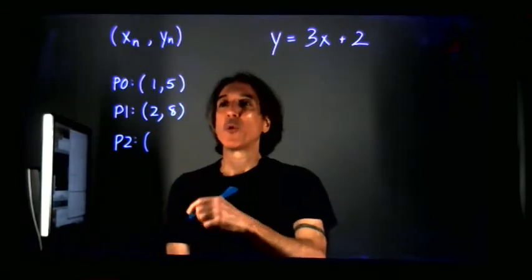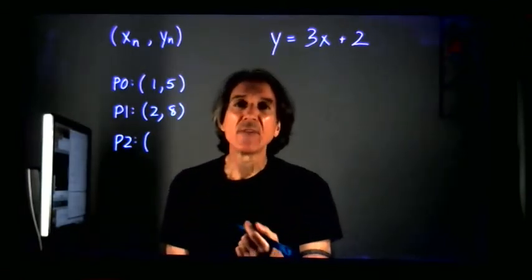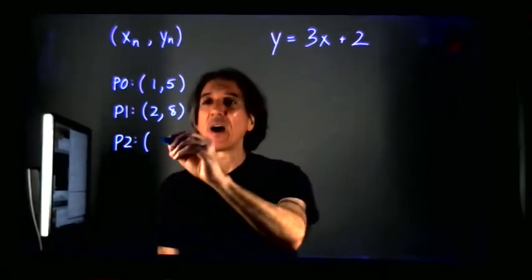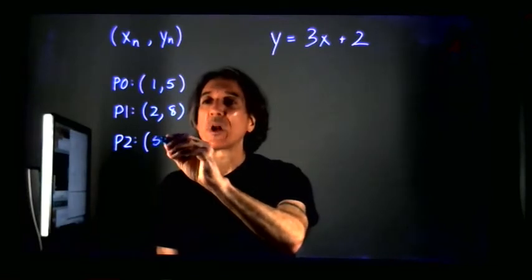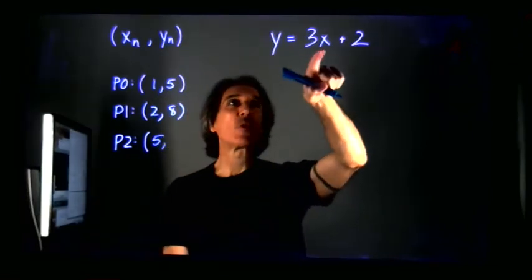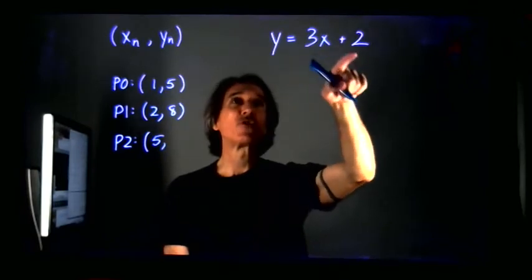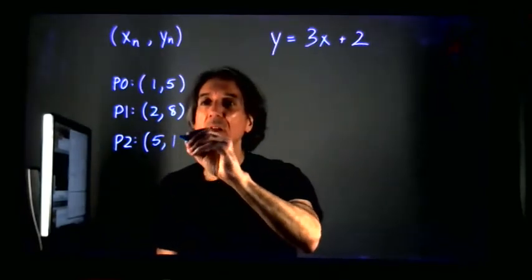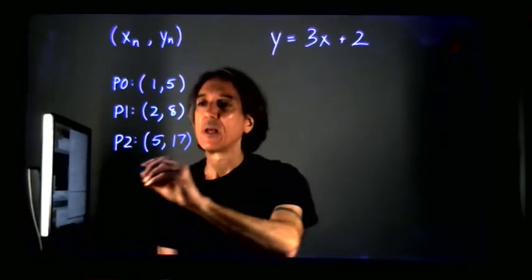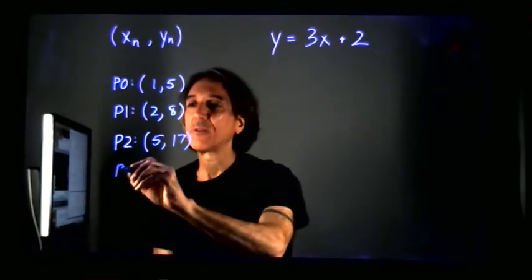We'll choose a third point, P2, and for this one I'm going to pick an x value of 5. And when I plug 5 into x in my equation, I get 3 times 5 is 15 plus 2 is 17. And we're going to pick one last point.